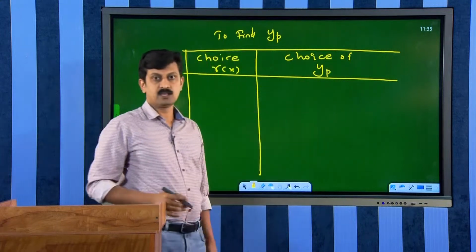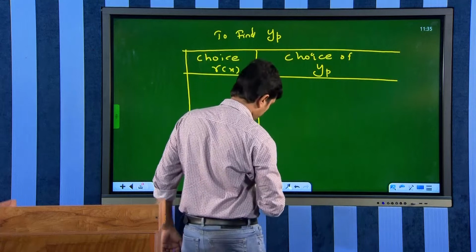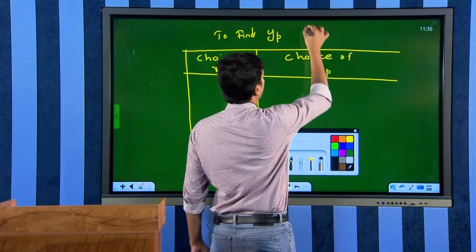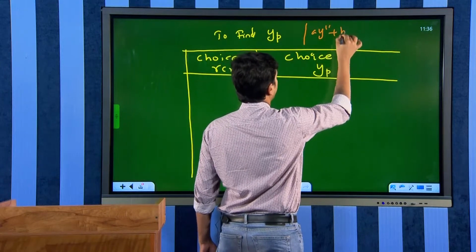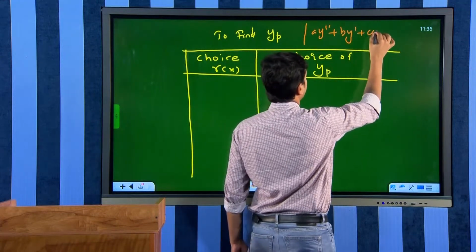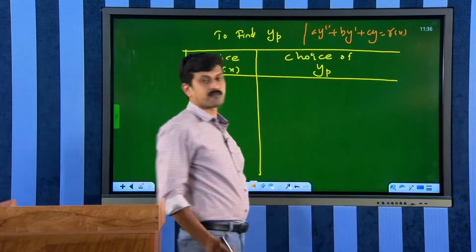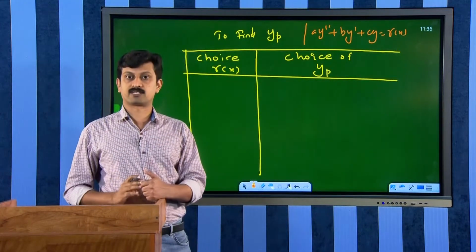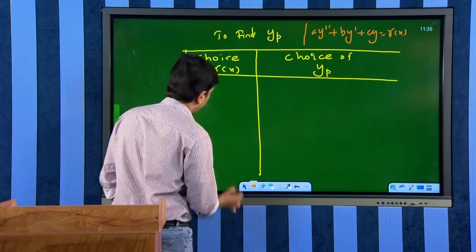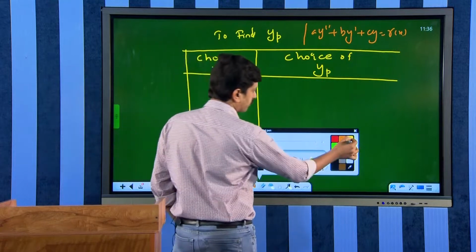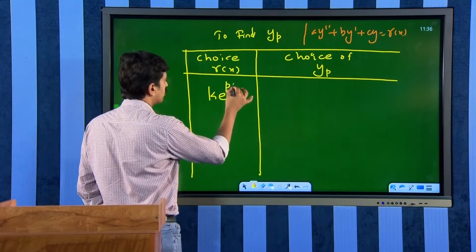Suppose the differential equation is ay double dash plus by dash plus cy is equal to r of x. Consider if r of x is the exponential function, of the form k e raised to px.